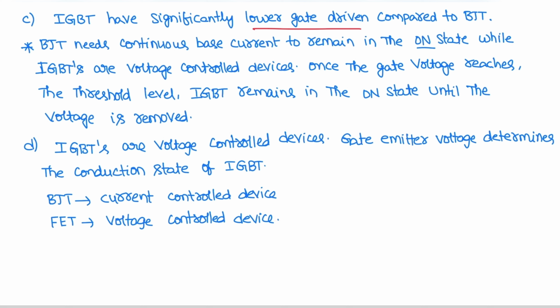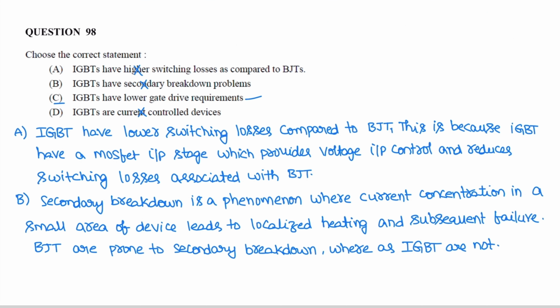Once the gate voltage reaches the threshold level, the IGBT remains in the on state until the voltage is removed. So the correct option is C. IGBTs have lower switching losses. The secondary breakdown problems are very few in IGBT, and IGBTs are voltage control devices. IGBTs have low gate drive requirements.